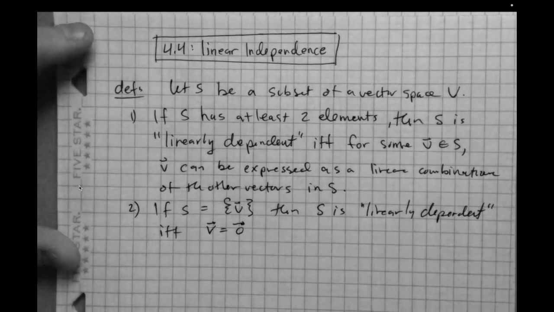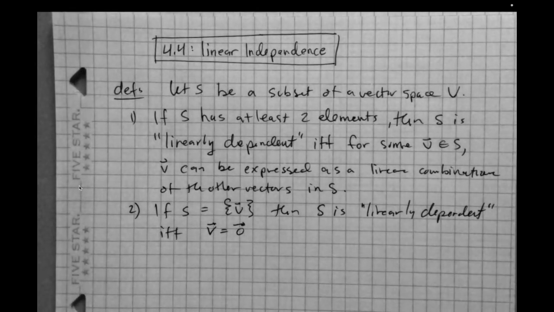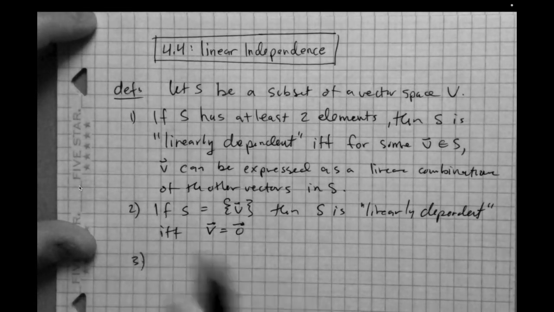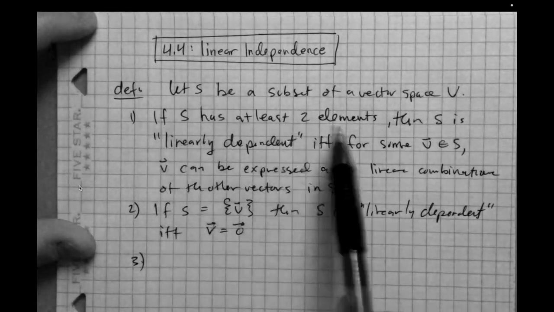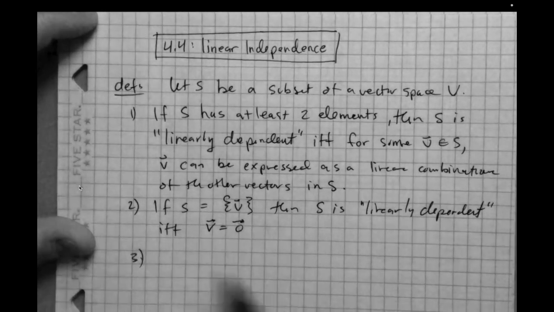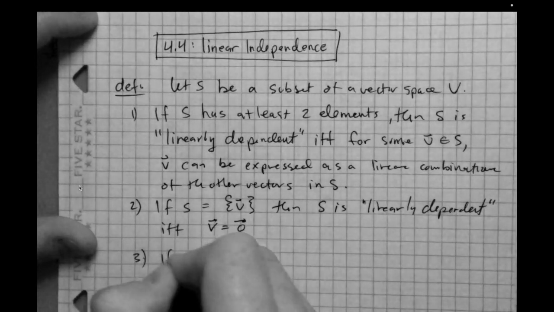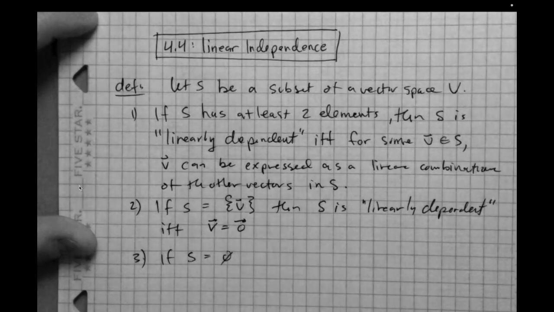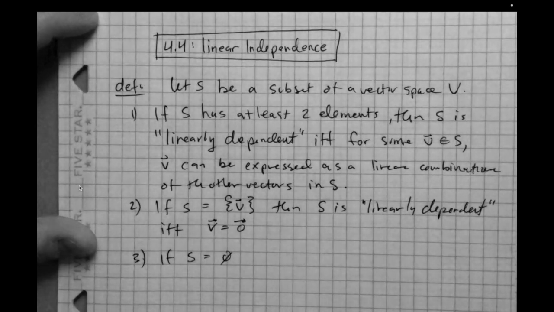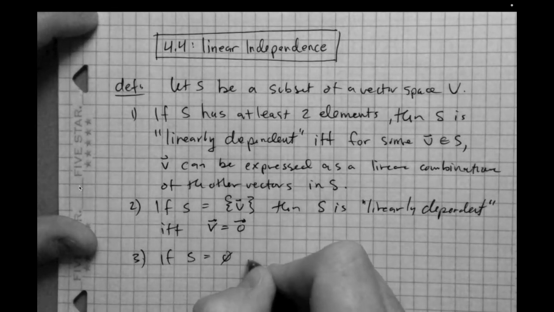So if S is a singleton subset, it's linearly dependent if and only if that vector is the zero vector. Then the third case: we've talked about when S has at least two elements and when S has one element. What if S is empty? If S equals the empty set, then S is not linearly dependent.